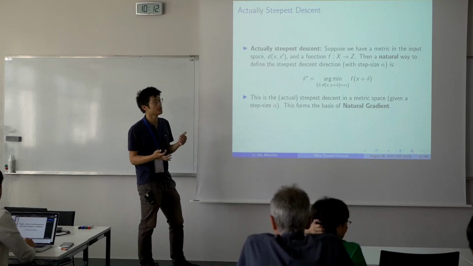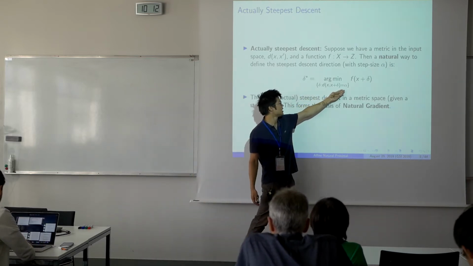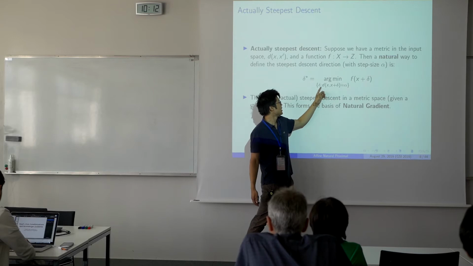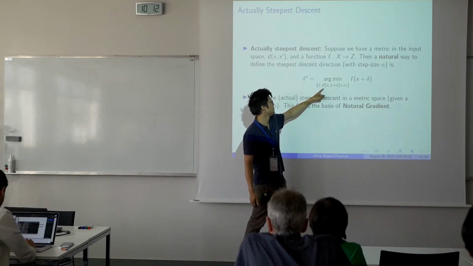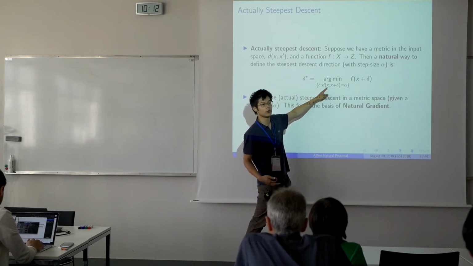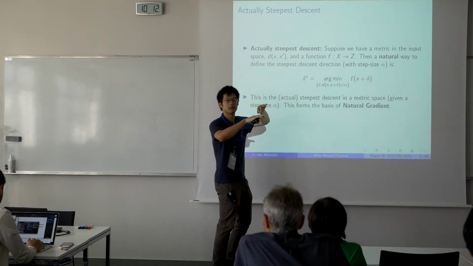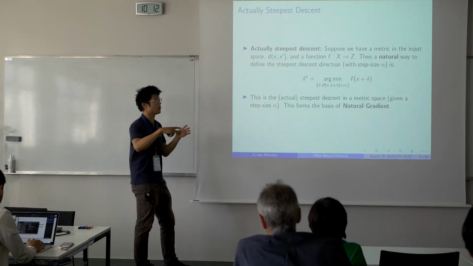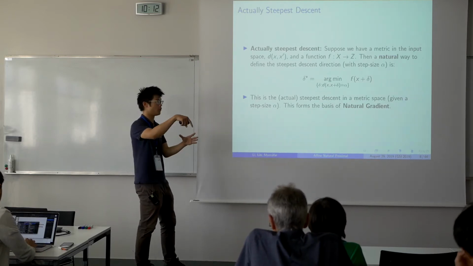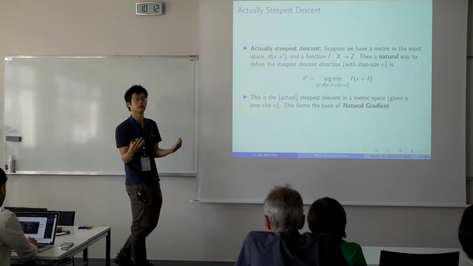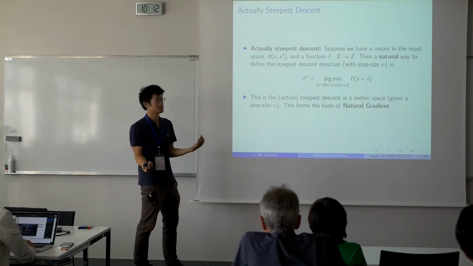A natural way to define steepest descent is: given a step size alpha, you want to find the direction of change such that the distance between where you currently are and where you want to go next is exactly equal to alpha, and you take the argmin of that. It's basically a ball around your current iterate, and you want to find which point in it is the smallest. So that's steepest descent with a fixed step size.